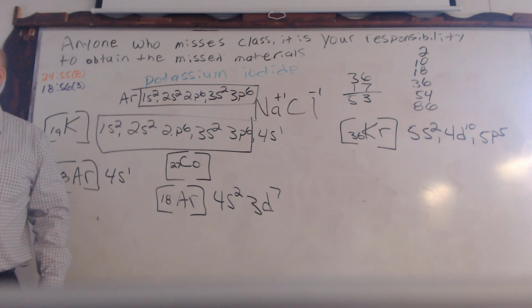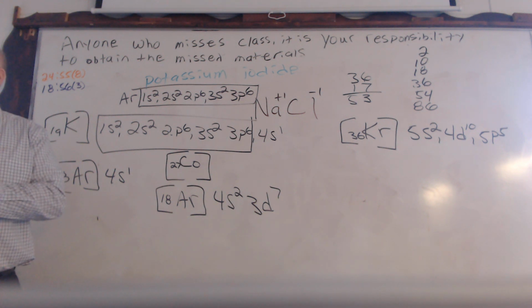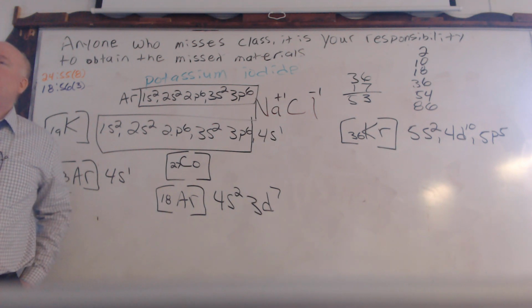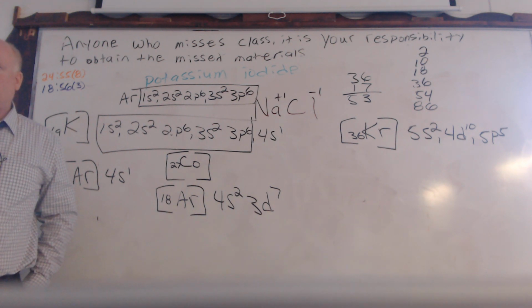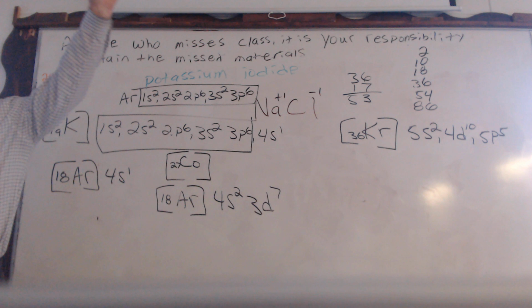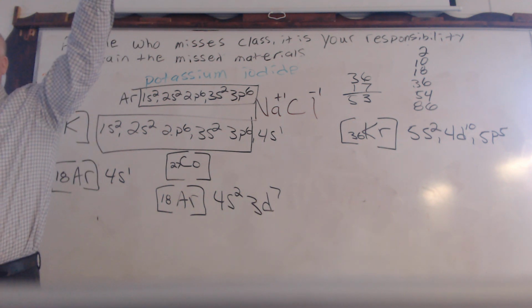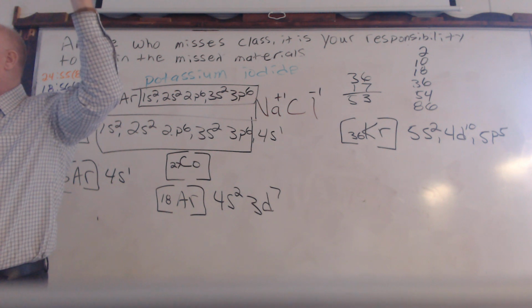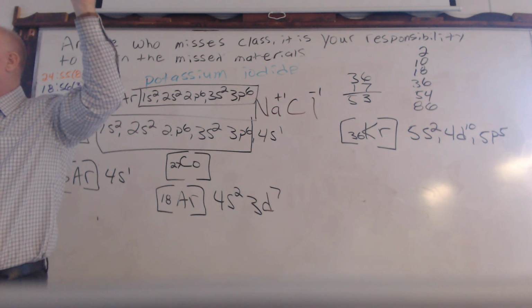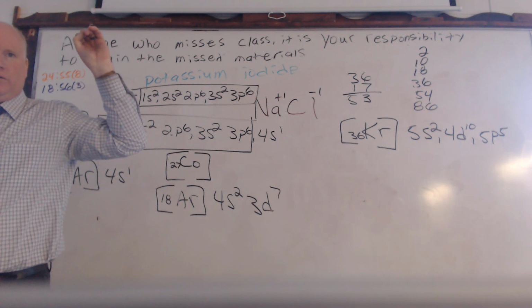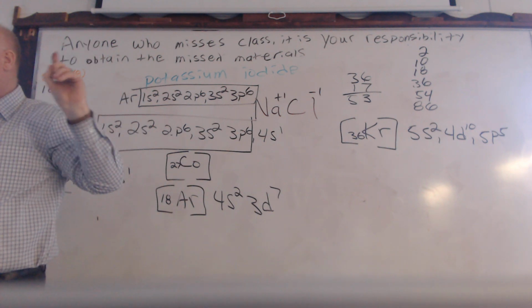Does anyone want to come up here and show the rest of the class who has a really, really good understanding of this? Is it 1 student, 2 students, 3, 0? Do you want to do one more?